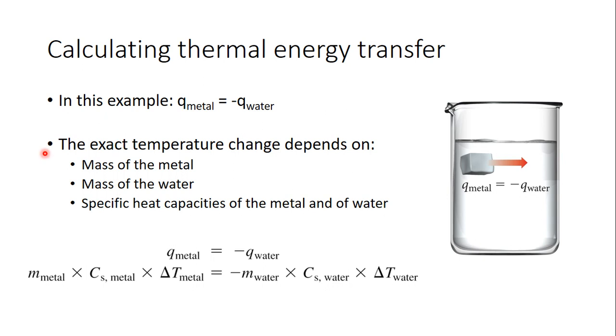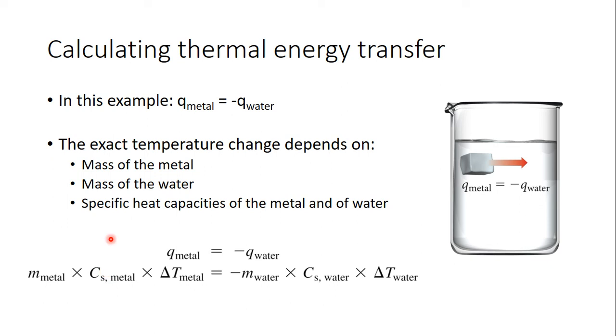And to calculate thermal energy change for substances, we need to know two things for each substance: their mass and their specific heat capacity, and then overall we need to know the change in temperature. So let's look at our equations here. Heat of the metal equals minus heat of the water. The heat of the metal is based on the mass of the metal, our specific heat capacity of the metal.